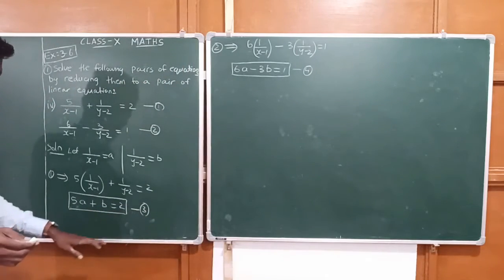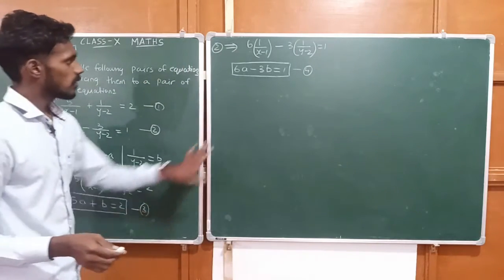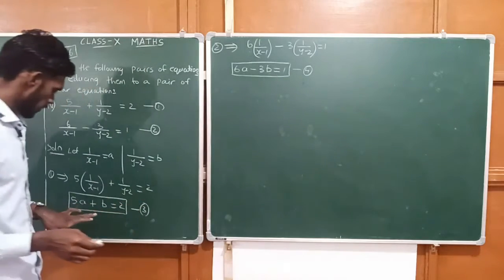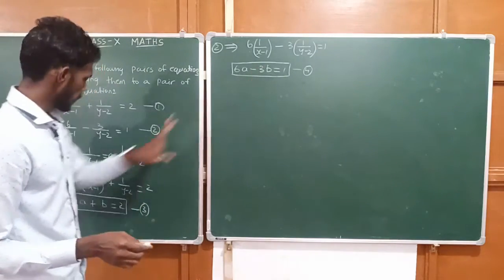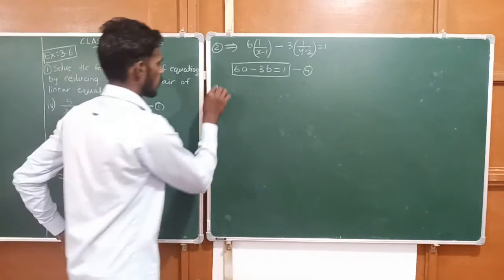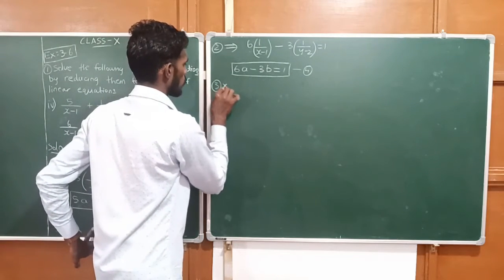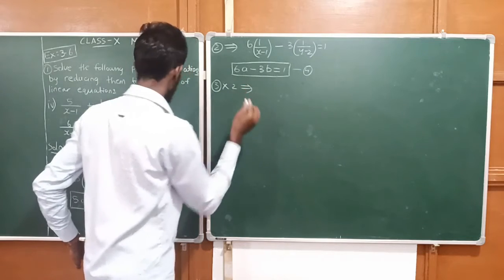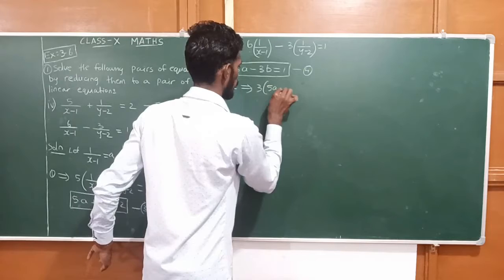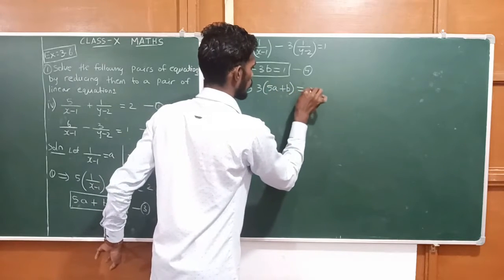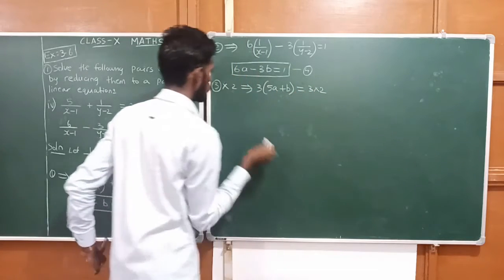Now I am going to solve the equations 3 and 4 by elimination method. For that I am going to bring the B coefficients to be same. So I am going to multiply the equation 3 on both the sides. It will become 3 into 5A plus B is equal to 3 into 2.